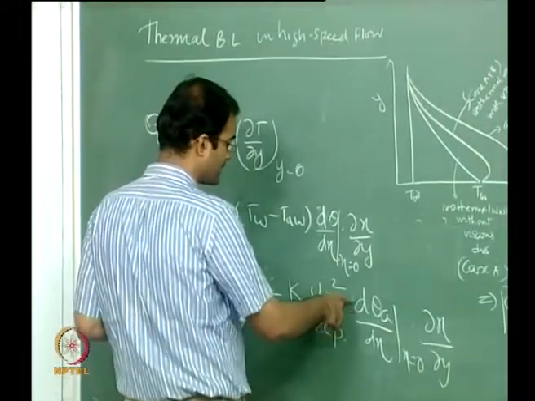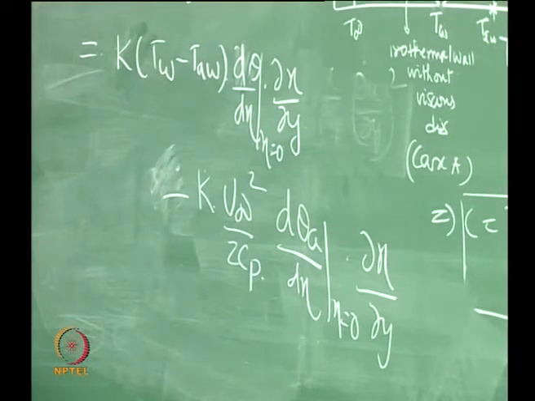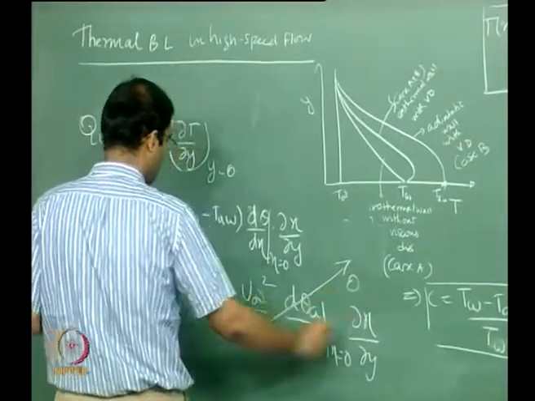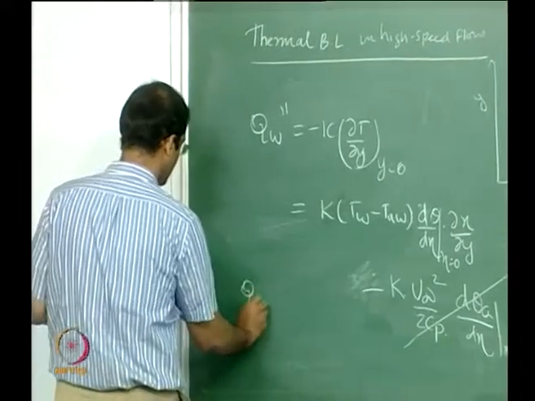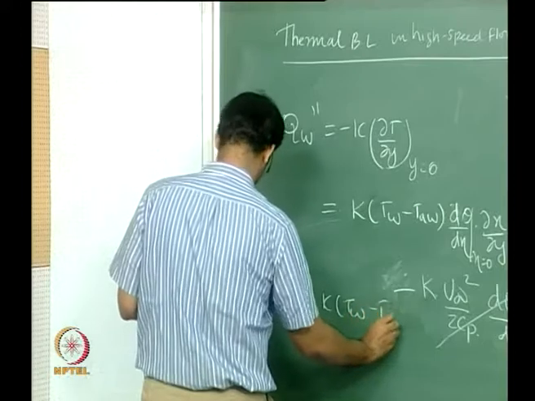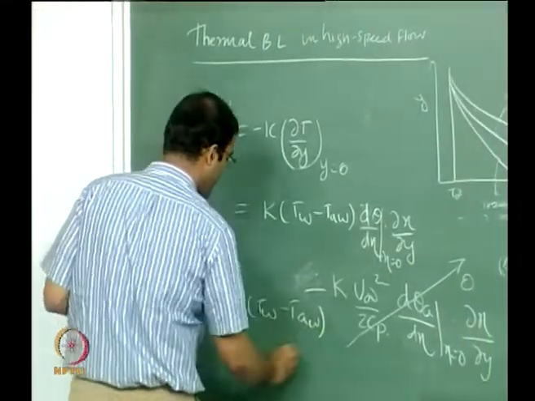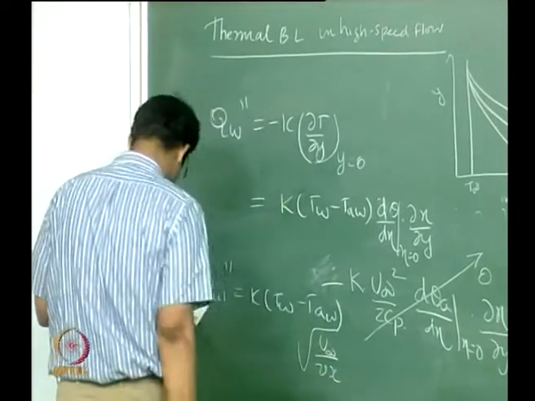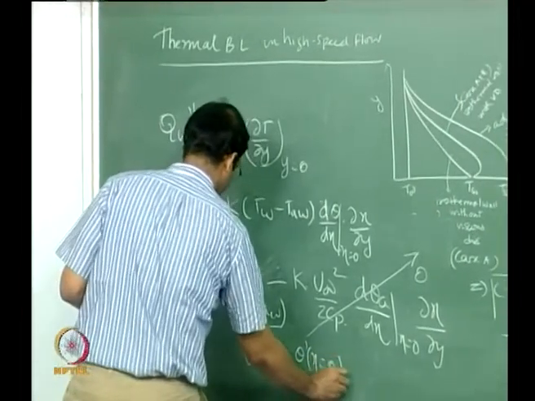Now what is the value of d theta A by d eta at eta equal to 0? So this entire term can be knocked off, and this can be written as q wall into d eta by dy, which is square root of U infinity by nu x, into theta prime at eta equal to 0.